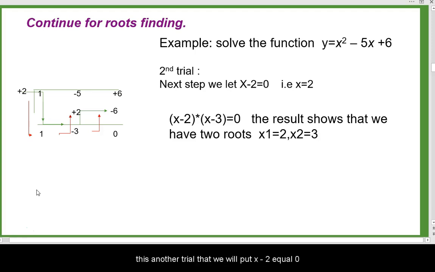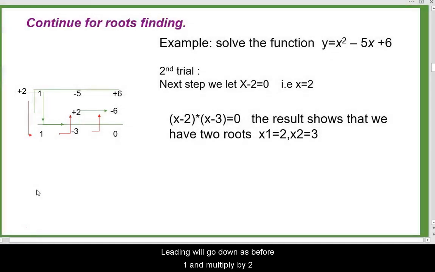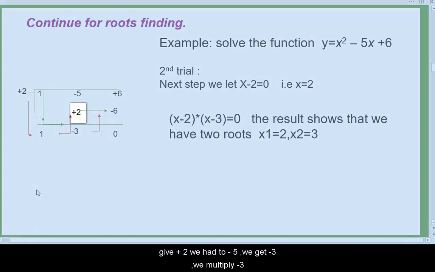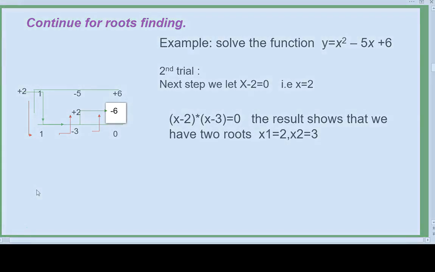We put x minus 2 equal to 0, so x equals 2, and we put 2 here. The leading coefficient goes down as before to 1, we multiply 1 by 2 and put plus 2, and add to minus 5 to get minus 3. We multiply minus 3 by plus 2 and get minus 6, so at the final step we add 6 to minus 6 and get 0.